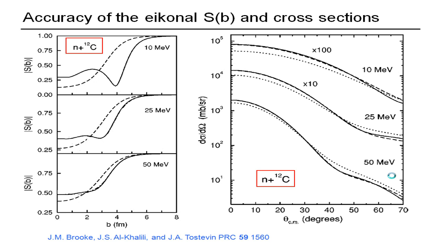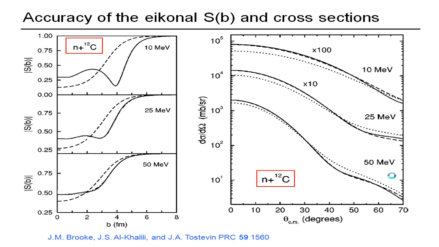So here are some calculations which were done some time ago, and they're in an energy region where you might or might not think we're high enough for this approximation to work. This was deliberately done this way. Here are some S matrix elements, and the black curves are exact, so they're solving the Schrödinger equation partial wave by partial wave.